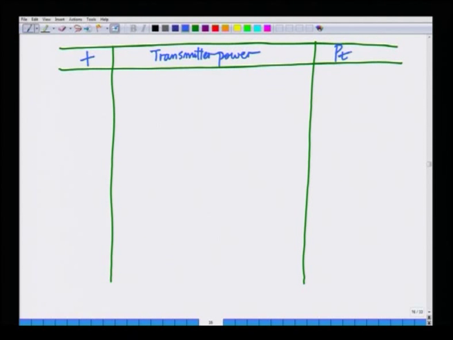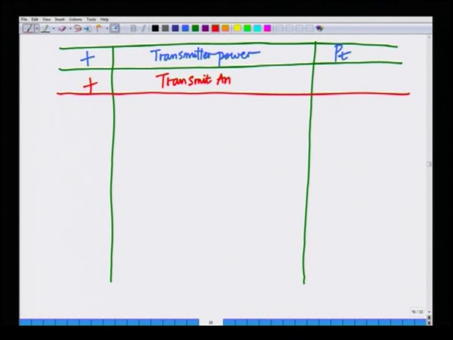So, obviously, it is a gain. So, I am writing a symbol plus here and the symbol is PT. Next, I am going to account for transmit antenna gain. This is GT, the transmit antenna gain.